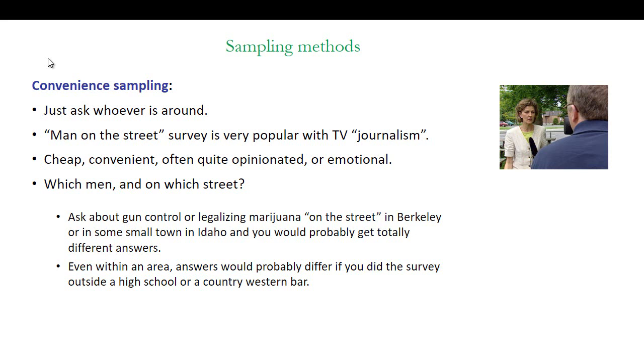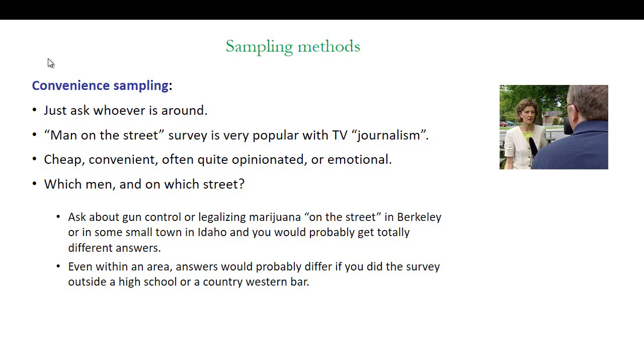But if we do the survey in a small town in Idaho, then we would probably get a completely different result, since people in Berkeley tend to favor gun control, and people in a small town in Idaho tend to be more pro gun owners.